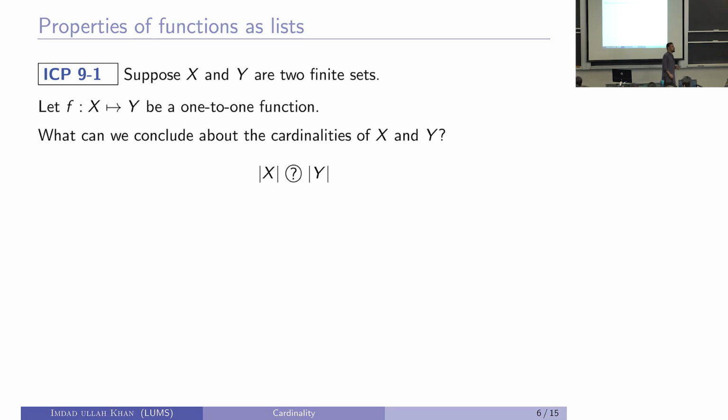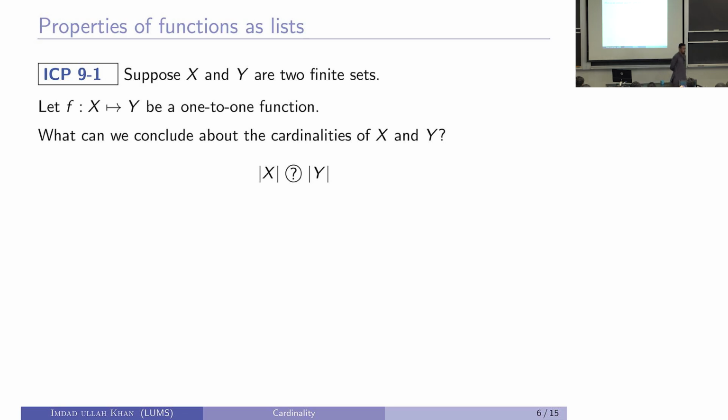Suppose somebody said that I did a room assignment for all 10 students to all LUMS rooms, it is a function, and somebody told you no two share a room. Then what can we say about the number of rooms? The number of students is 10. How many rooms must be there?